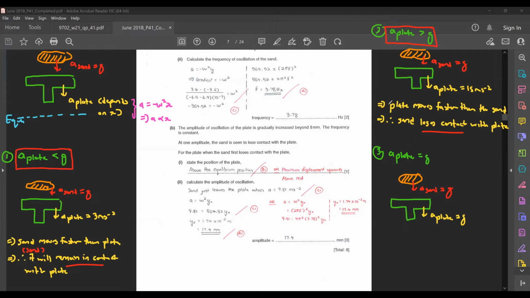So when you have this case here where the acceleration of the plate is just equal to the gravitational acceleration g, you can say that the sand is at the point where it starts to lose contact.